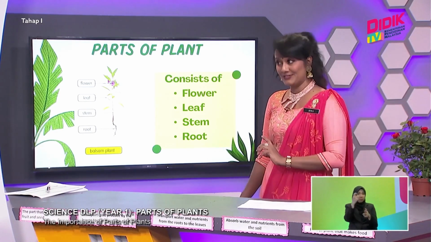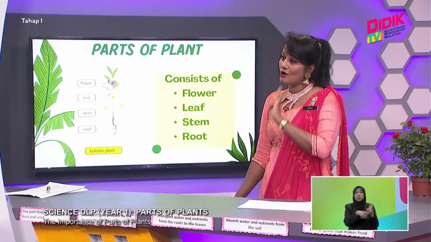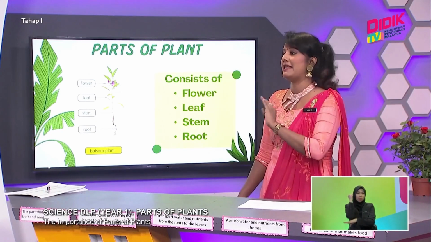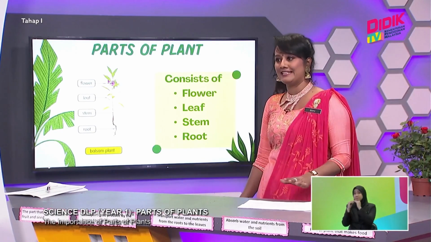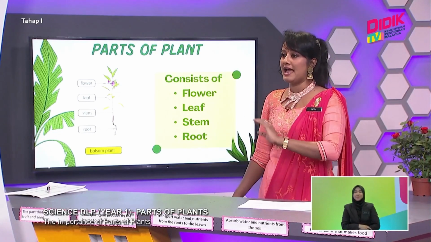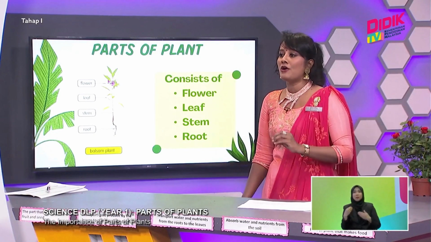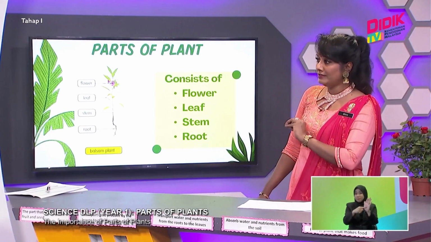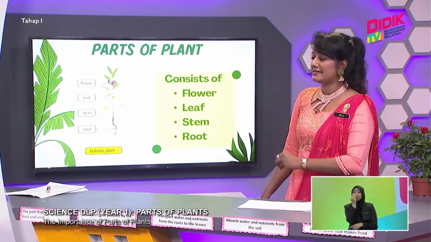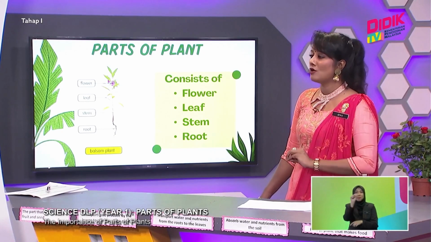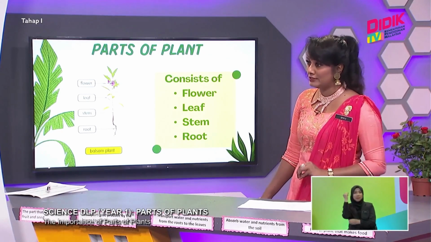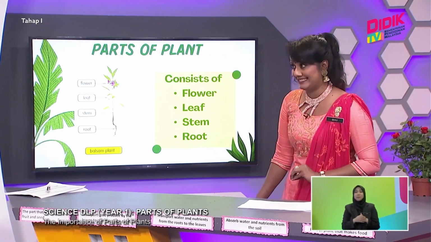Okay, that's four, teacher. Yes, there are four parts of plants that we are going to learn at level 1. In the balsam plant we show here, we can see the flower, the leaf, the stem and the root. These are the parts of plants they are going to learn today, and their importance.